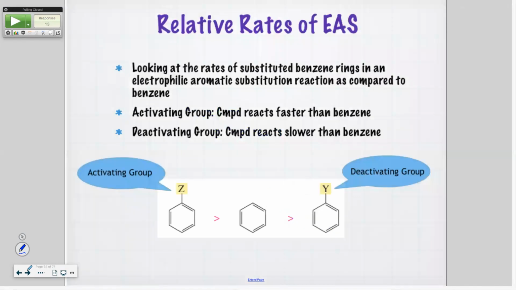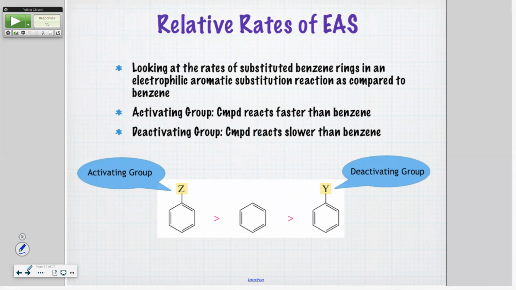Okay? Okay, so we're going to look at the rates of EAS. EAS is short for Electrophilic Aromatic Substitution. Okay. As compared to benzene, an activating group is a group that makes the compound react faster than benzene. And a deactivating group is a group that makes the compound react slower than benzene. Okay, so here's an example of just Z is whatever.